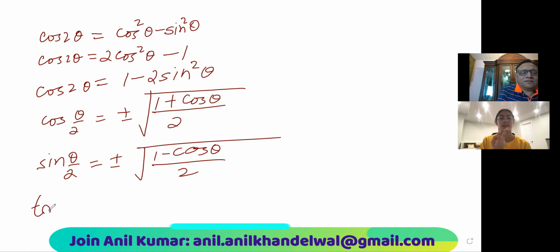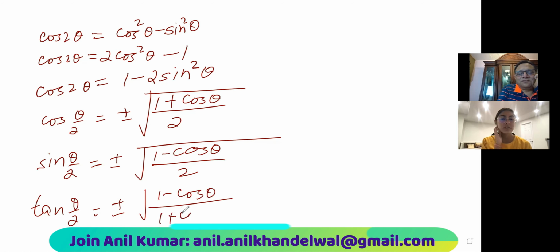It's just the opposite. So what is tan theta by 2? It's plus or minus sine over cos, right? So it's 1 minus cos theta over 1 plus cos theta, all over 2, or the 2 cancels out, so it's just that. So we got all the double angle formulas and all the half angle formulas.